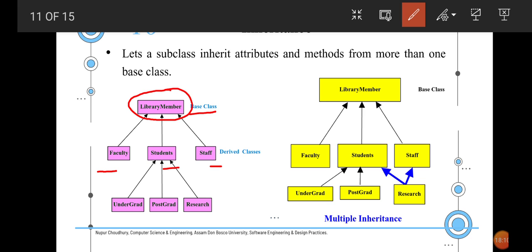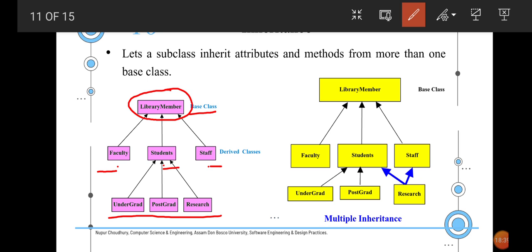If we look at this, three different derived classes are inheriting methods from one particular base class. Again, in the next level we see three different derived classes doing the same thing, which is inheriting properties from one particular base class.